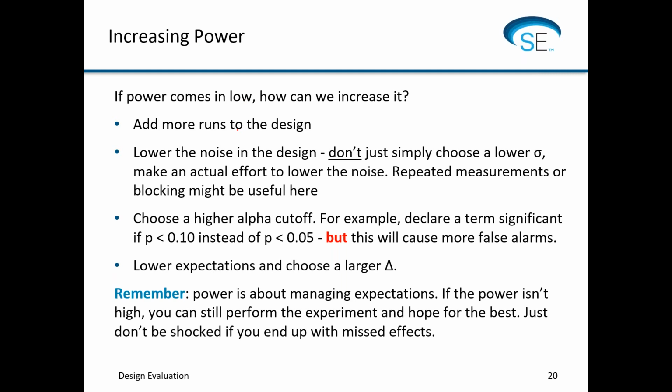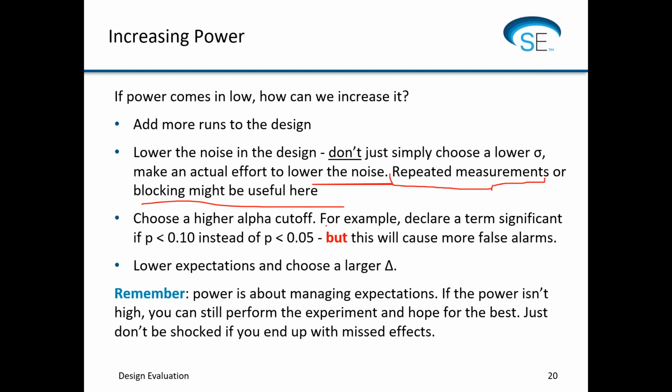Now, this doesn't mean simply choosing a lower sigma and plugging it in, but you actually have to make an effort to lower the noise. So maybe try to calibrate your tools or equipment better. Sometimes averaging a bunch of repeated measurements might work. Sometimes blocking might be useful as well. Those all tend to lower sigma.